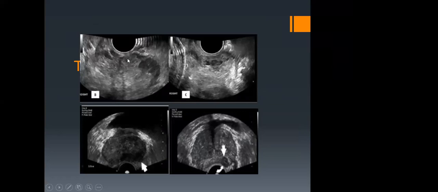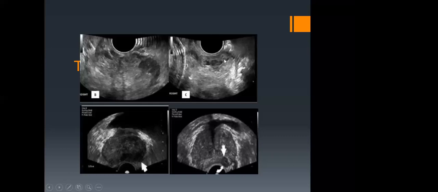You have another lesion here. And by image orientation, these lesions are in the peripheral zone. And we said once you have lesions in the peripheral zone, ill-defined irregular margins obliterating the capsule, there are higher chances, 70 to 80%, that you're dealing with malignancy.